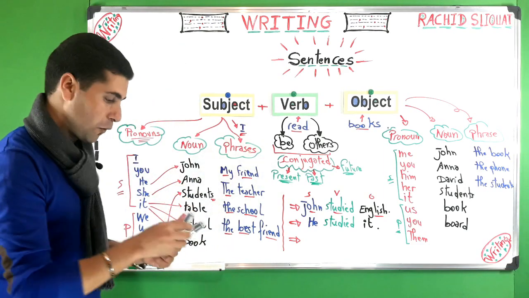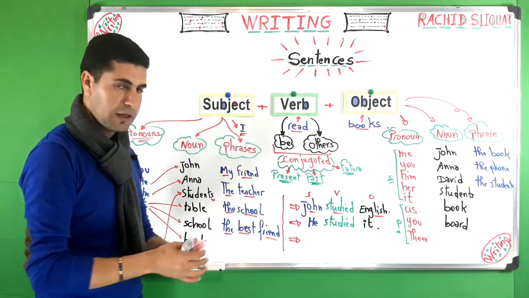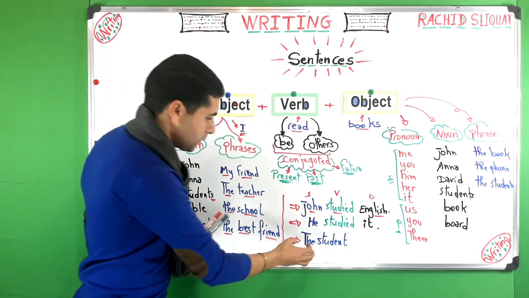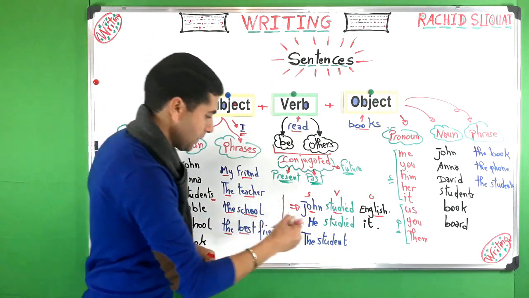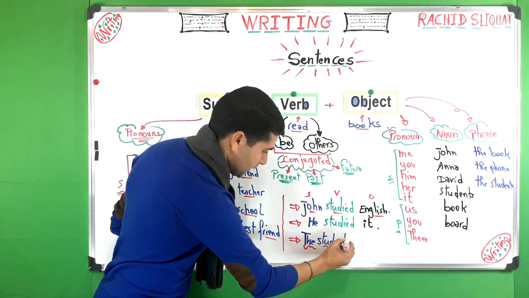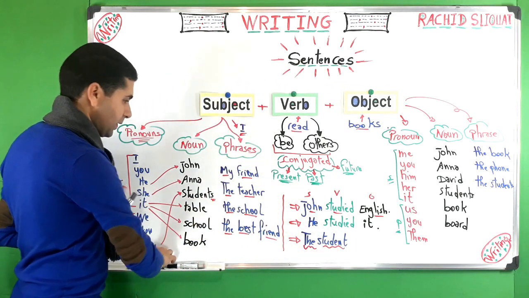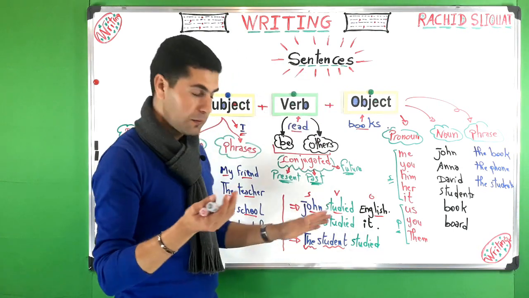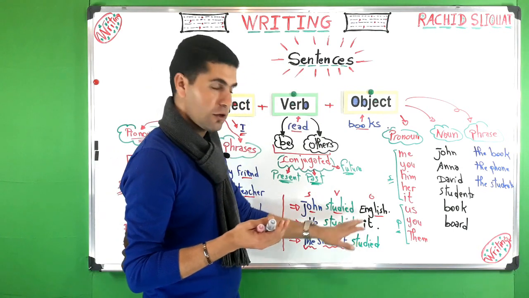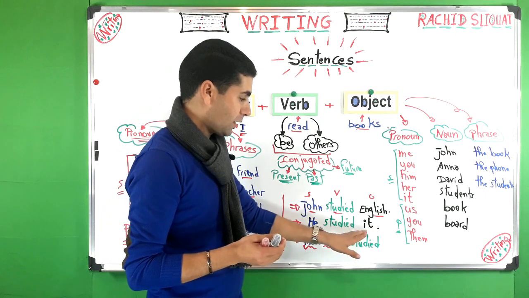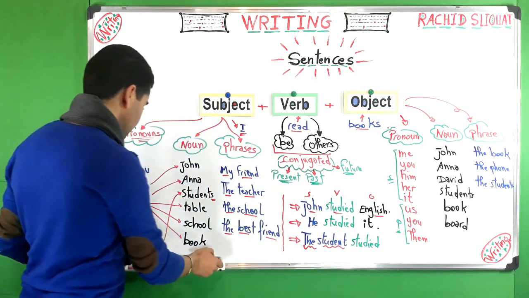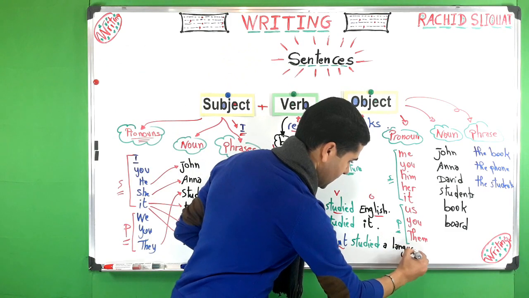We can also use a phrase, for example. We can say the student. As you can see, the student here is a phrase because we have two components. The student is a subject, so we need the verb studied. We can say, for example, the student studied English, or the student studied it, or even the student studied a language.